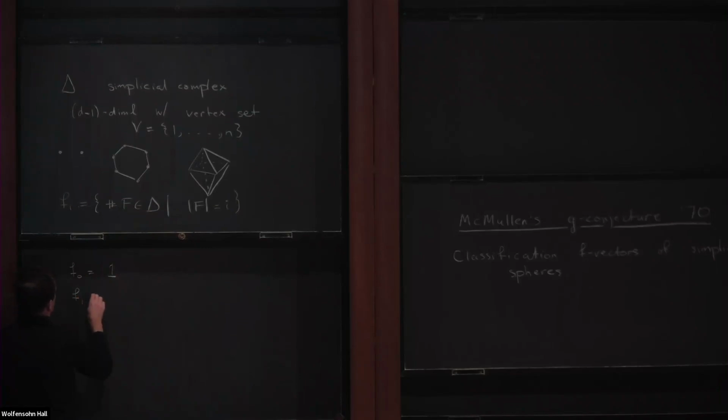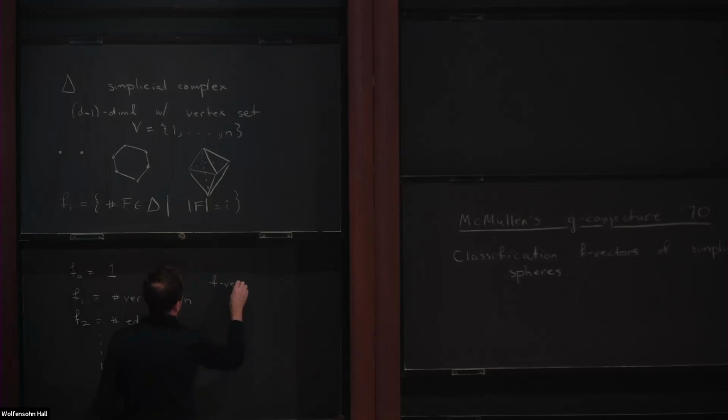F sub 1 is the number of vertices, which I called n. F sub 2 is the number of edges, like this, and the F vector is just the vector F0, F1, and the biggest one is F sub D, because it's D minus 1 dimensional.